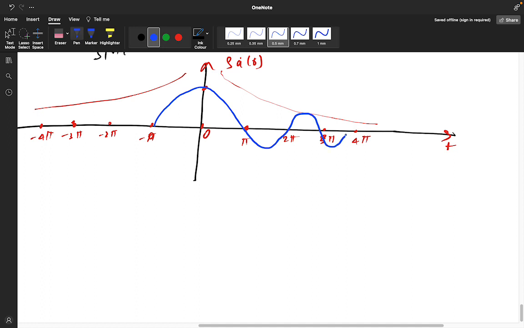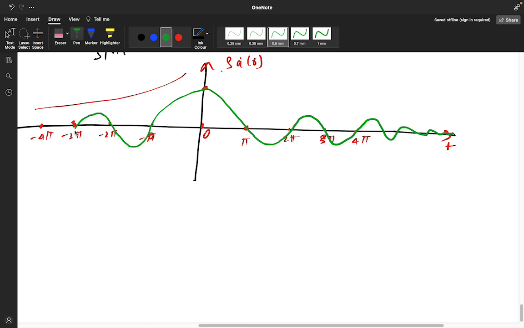It's getting decreasing. 0, then 0, then 0, like this. It's getting decreasing, then 0, 0, 0. So this is your sampling function, Sa of t.